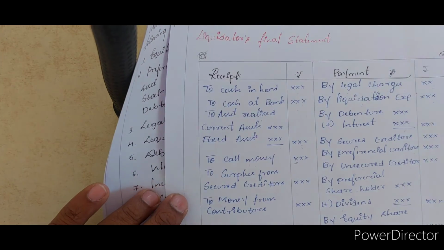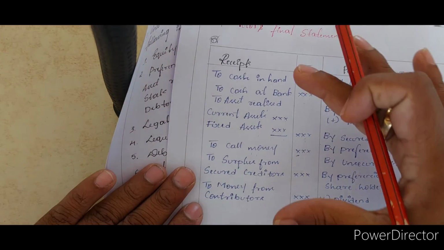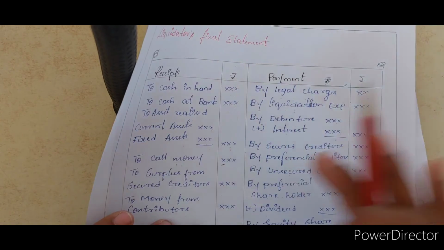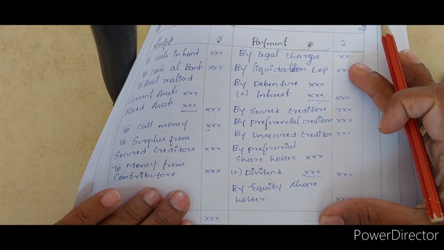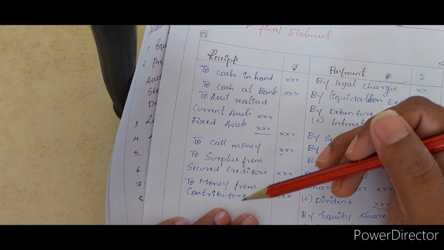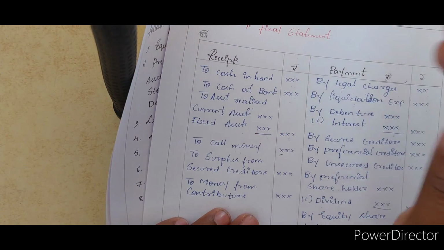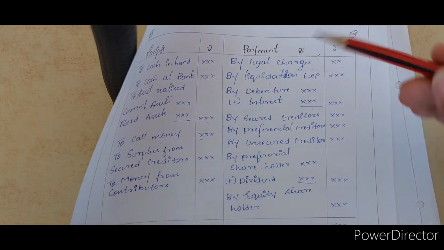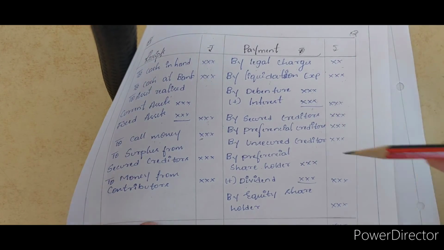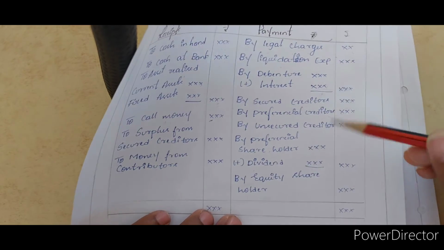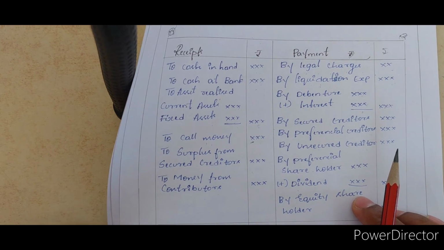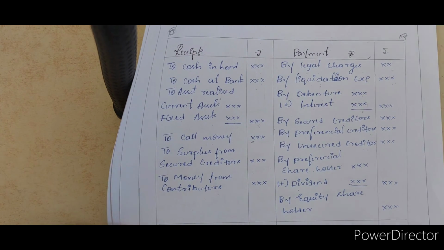In the problem, whatever items are given, you need to consider some on the receipt side and others on the payment side. On the receipt side you can take the items in any order, but on the payment side all the items must be in order. Unless you keep this in mind, it is somewhat difficult to solve this problem.